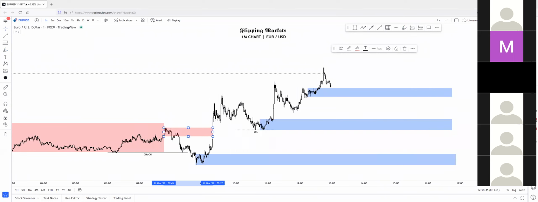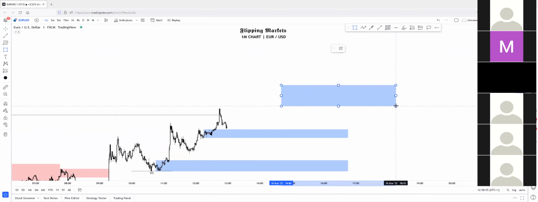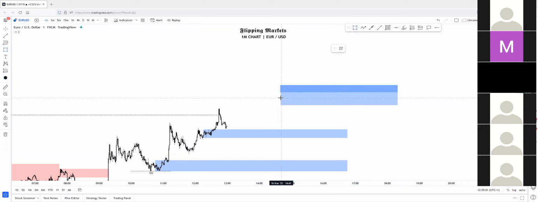How long is the zone valid and invalid after 50% mitigation? Basically, if price mitigates 50% of the zone, that will become invalid. But it depends on the zone. For example, let's say this is a 15-minute zone, and inside of this zone there's a zone on the upper area and a valid zone on the lower area too. So the overall zone is the 15-minute zone, and inside of it there are 2 1-minute zones.